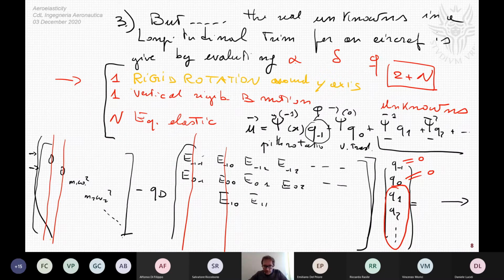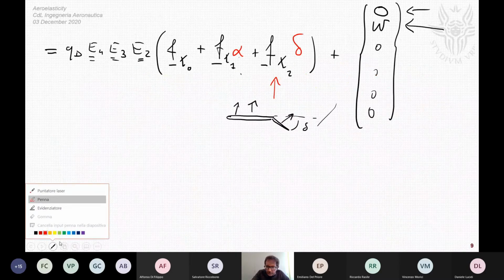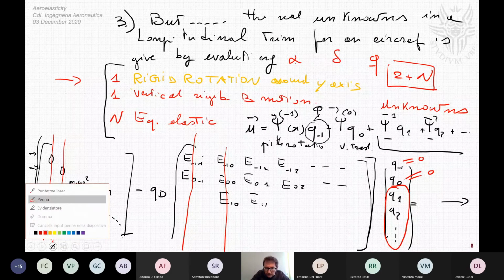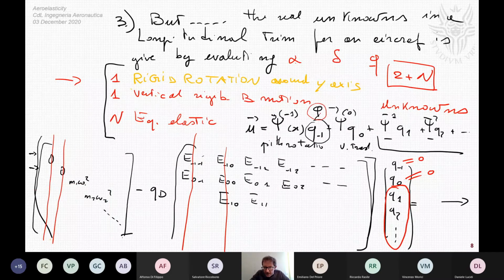And we have defined this quantity as the phi variable, so a pitch angle like phi here. And this angle is a further rigid body variable together with the vertical displacement Q0.